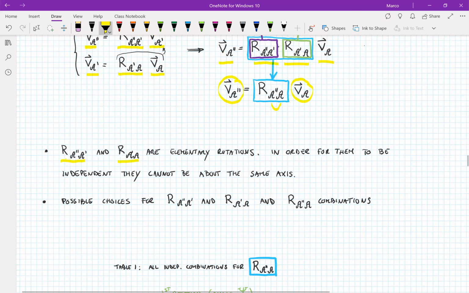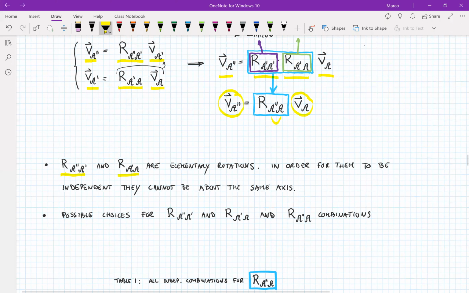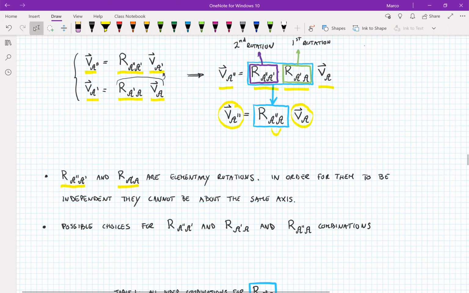So now we have a bunch of different choices because each of these two rotations, so the first rotation and the second rotation, can be about axes 1, 2, and 3. So we have a bunch of different choices that will give us our final rotation matrix from A to A double prime.